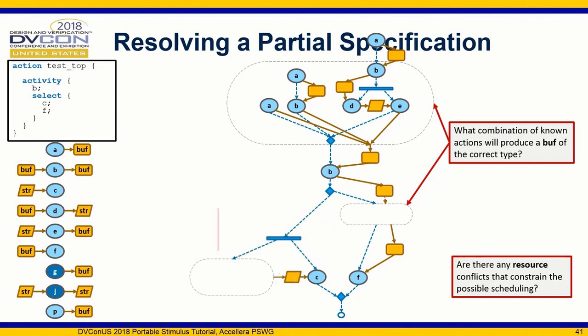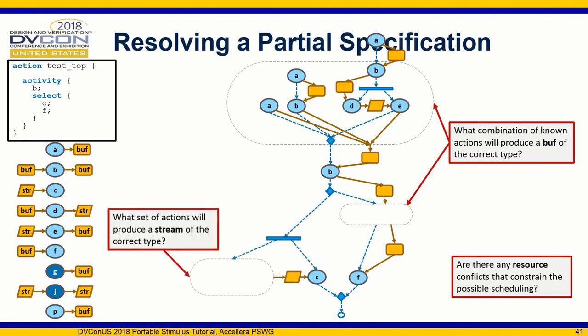We also have the stream object for C, so we got to figure out what's going to happen. Anybody that supplies that stream object to C has to execute in parallel with C, and those things are going to happen after B because of the way we've defined the activity.